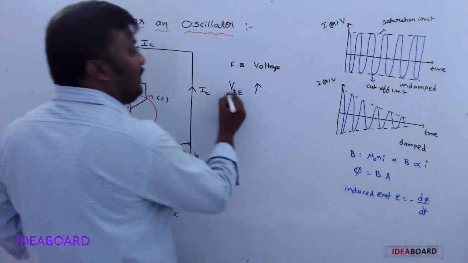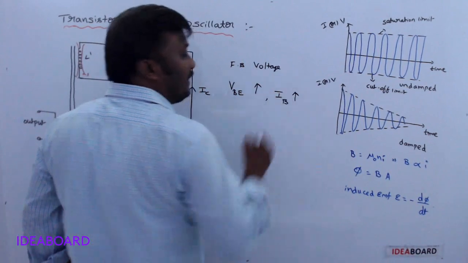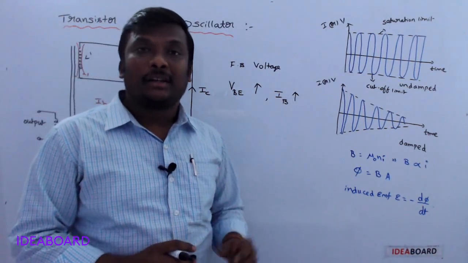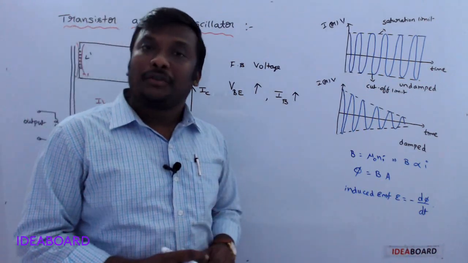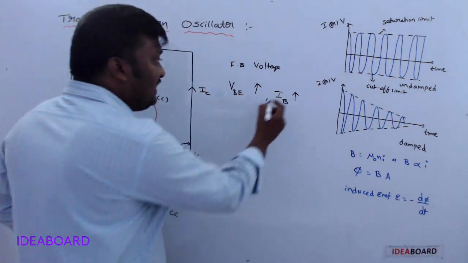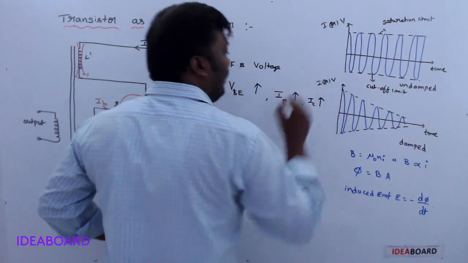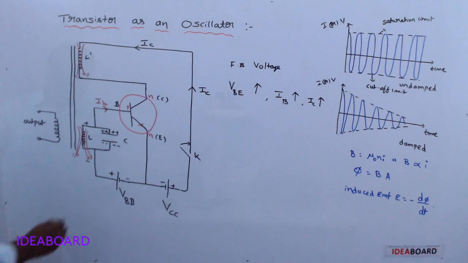We know the relation between VBE and IB: if VBE increases, IB also increases. From the output characteristics of the transistor, a small change in the base current produces a larger variation in the collector current. That's why if IB increases, IC increases.